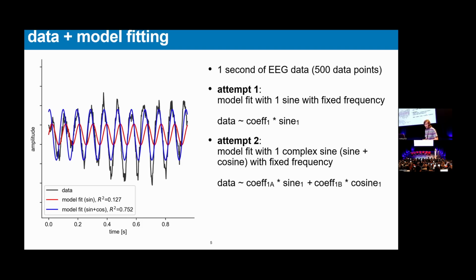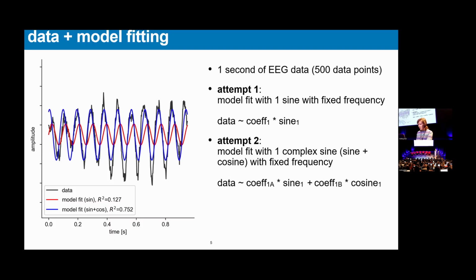To get this degree of freedom, I can use a complex sine, which is a sine and a cosine added together. So you notice that I achieve a much better fit of my data with one complex sine of a fixed frequency.